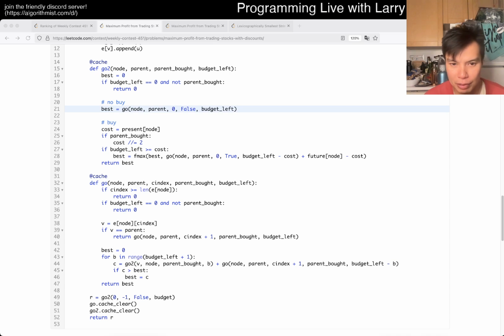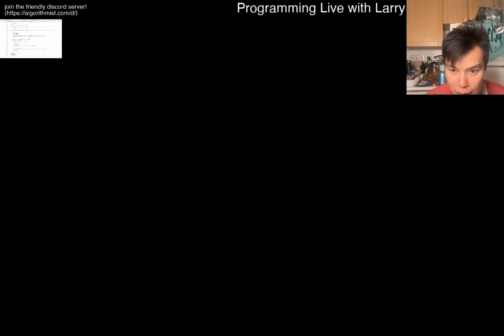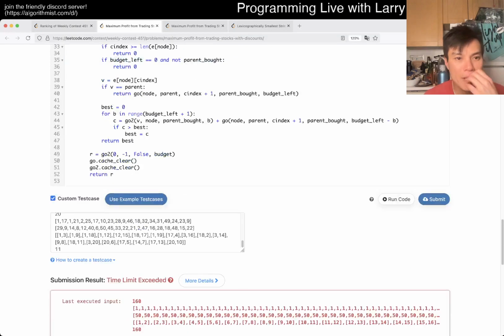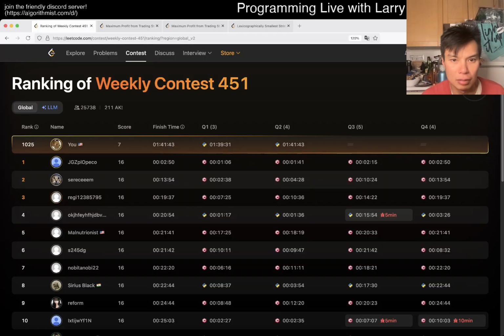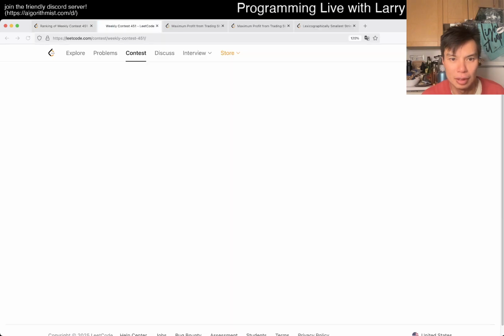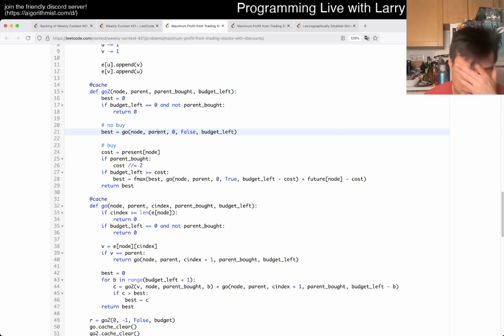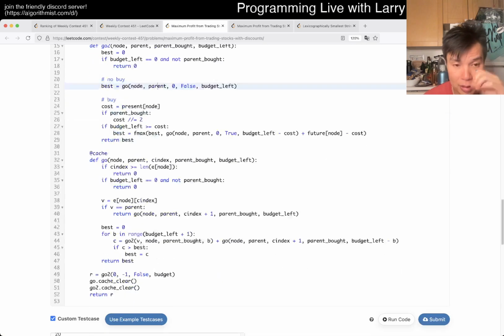No, I don't know what window I'm looking at. I think I lost my window. How much time do I have left? Okay, we'll just end it actually. I'm on the right contest, right? 53 minutes. So I spent at least 15 minutes just working on this silly debugging.